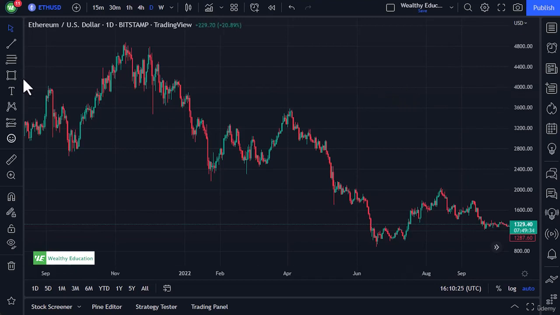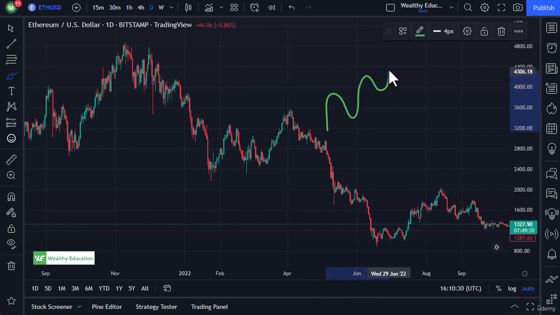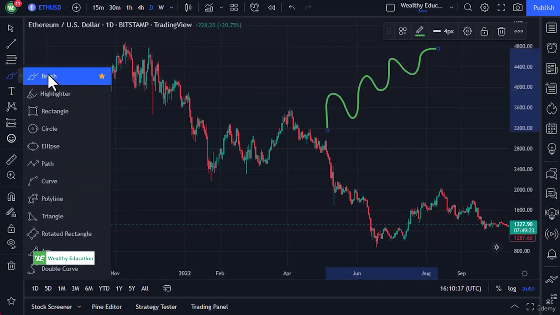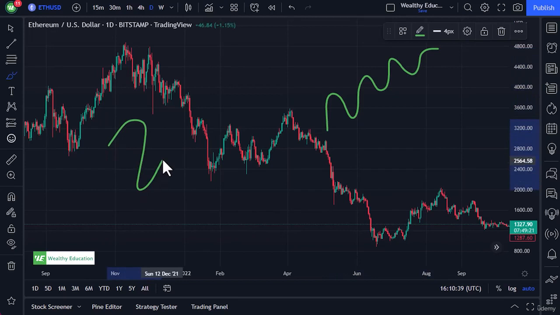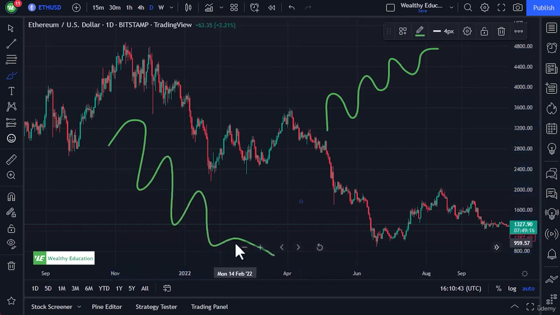So it would be something like that, like if you had a line chart, notice how price rises over time. Or are we getting lower highs and lower lows, which is a downtrend when price is falling?